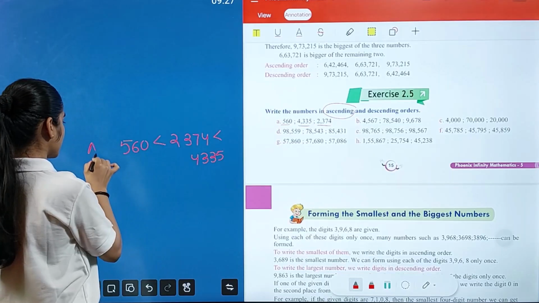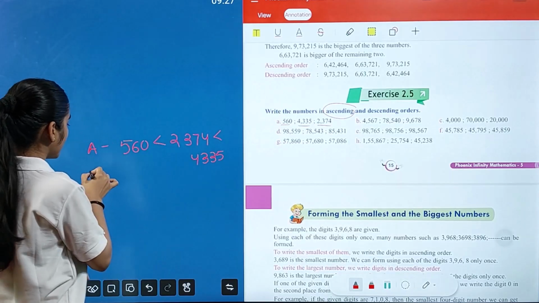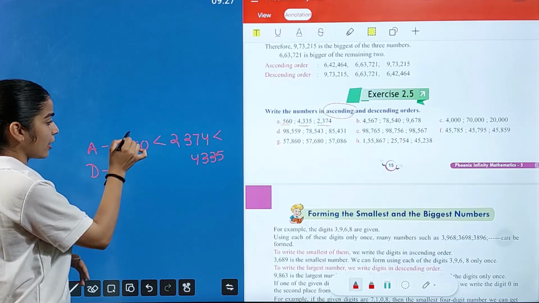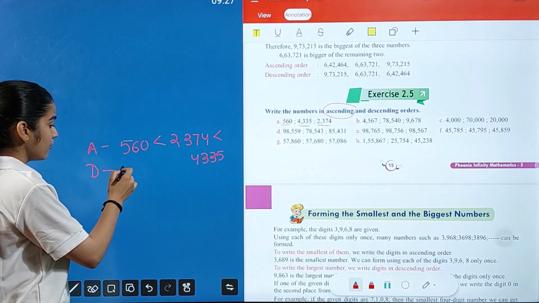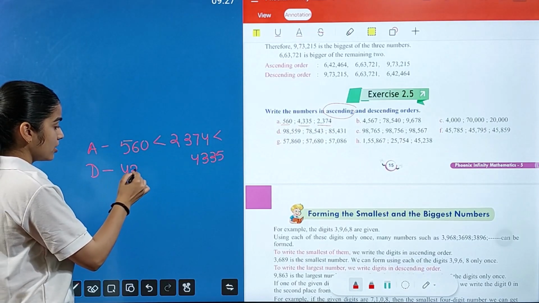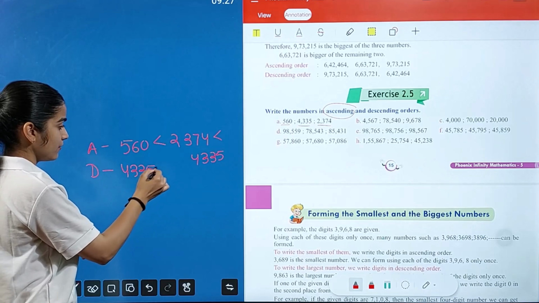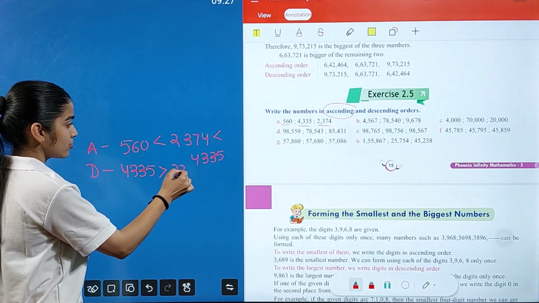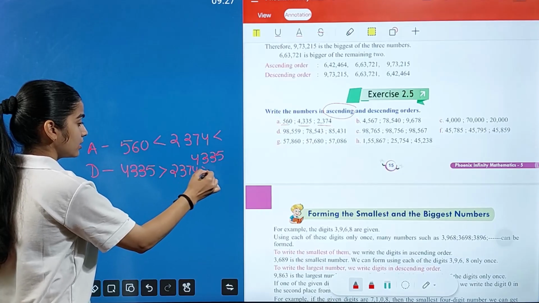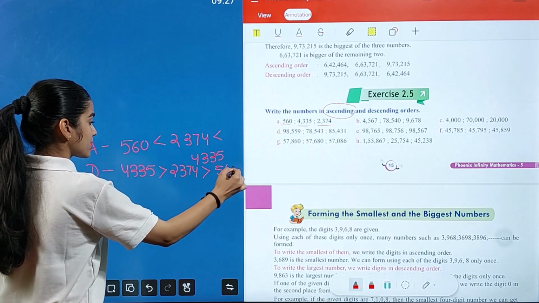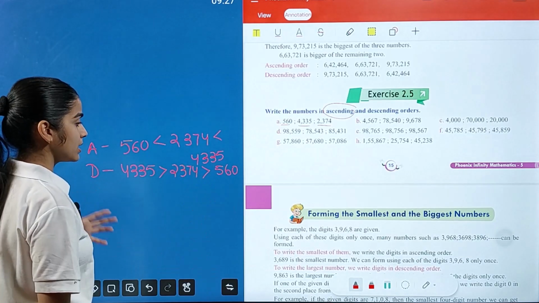This is ascending order. But we have to arrange this in descending order. So we have to take the opposite of it, which means 4,335, then 2,374, then 560. So in the same way, you can easily write this.